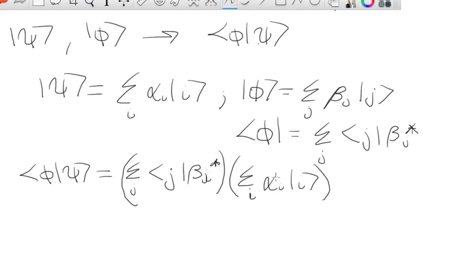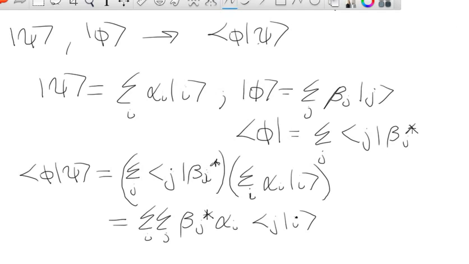Whenever we have coefficients such as alpha i and beta j conjugate, they don't take part at all in anything to do with these kets. So these kets will act on themselves, and these coefficients will get taken out the front along with the summation sign. So with that in mind, let's bring out the summations. We have two summations here, i and j. We've got beta j conjugate, and let's bring the other one out, alpha i. Now these j and i kets and bras only act on themselves, so these come out.